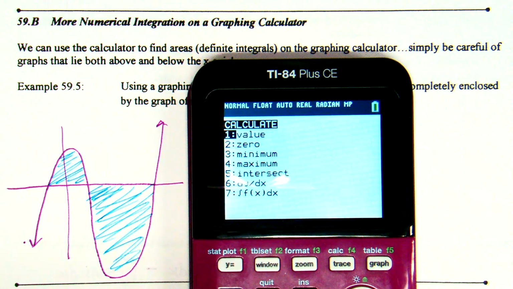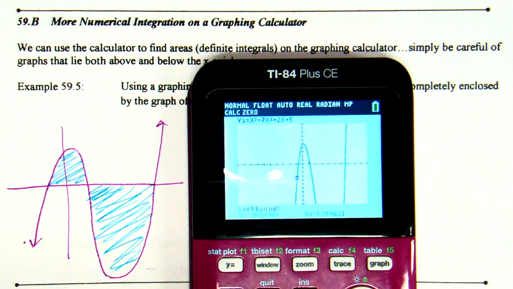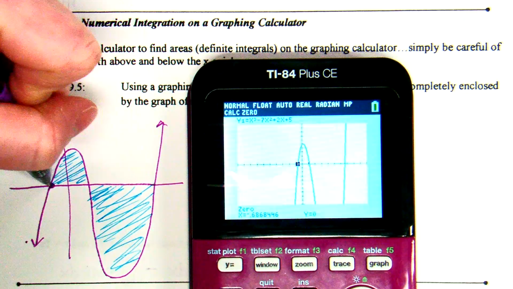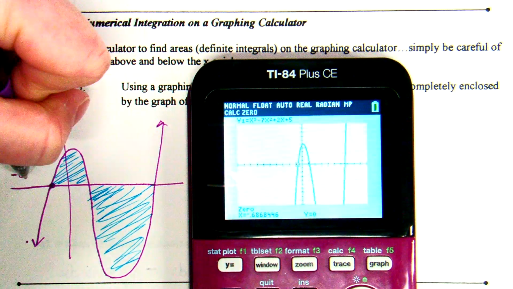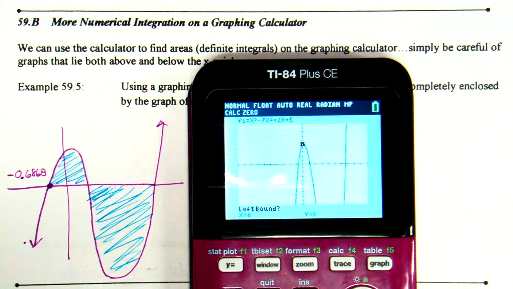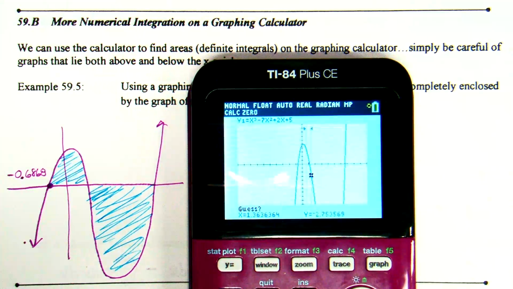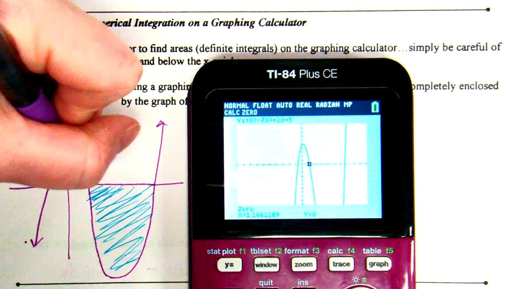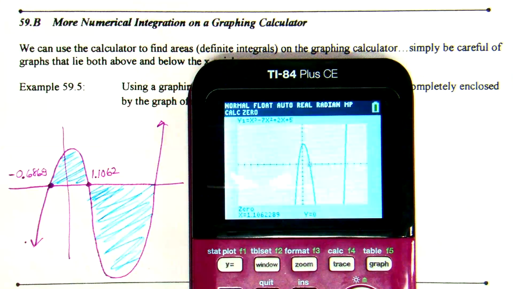So, you guys are pros at finding zeros, right? Second calc 0, left bound, right bound, guess. And so this first one, negative 0.6868. Redo, second calc 0, left bound, right bound, should be 1 point something. 1.1062.